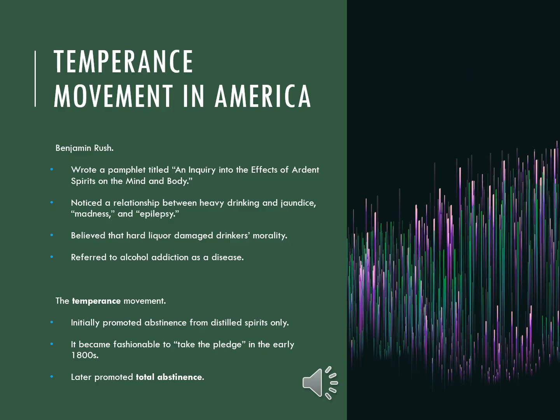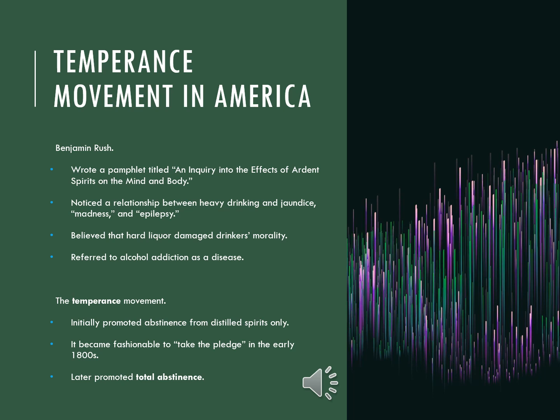All right, so the temperance movement in America. The first writings indicating a negative view of alcohol itself are attributed to a prominent Philadelphia physician by the name of Benjamin Rush, one of the signers of the Declaration of Independence.